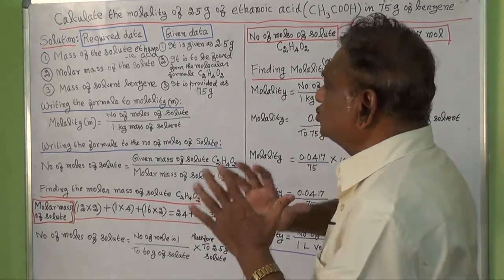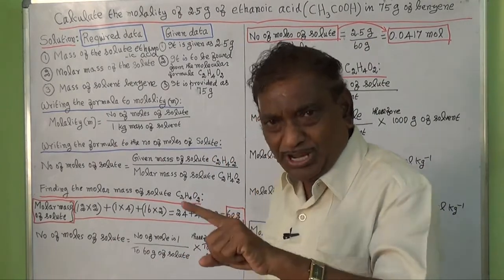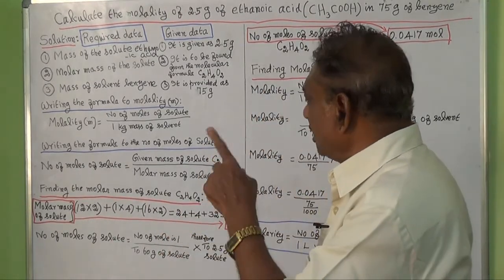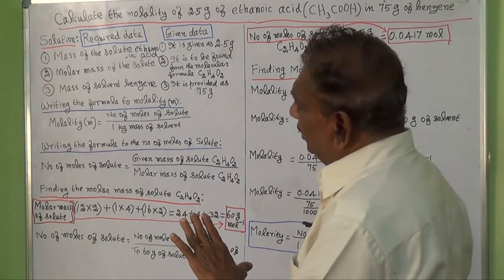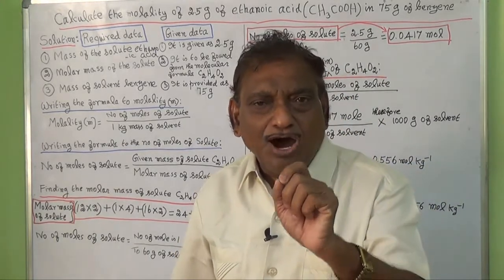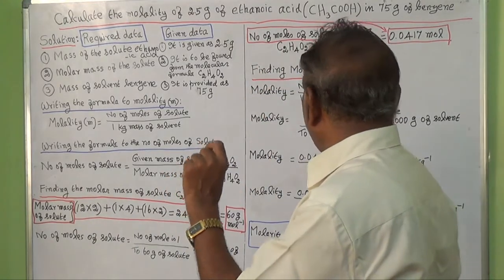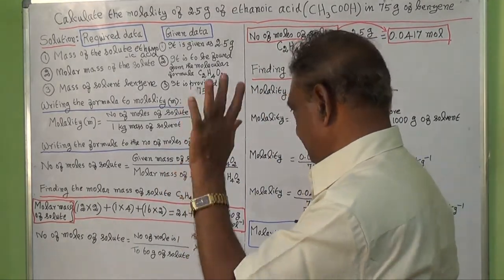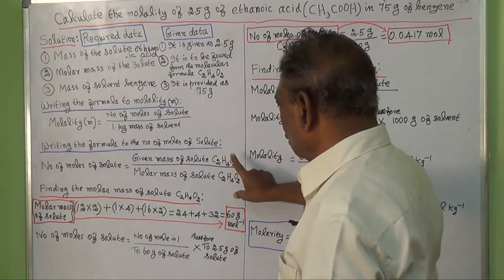The number of moles of solute equals the given mass of the solute by the molar mass of the solute. What is the given mass of the solute? The given mass of the solute is 2.5 gram of ethanoic acid, that is CH3COOH or C2H4O2.